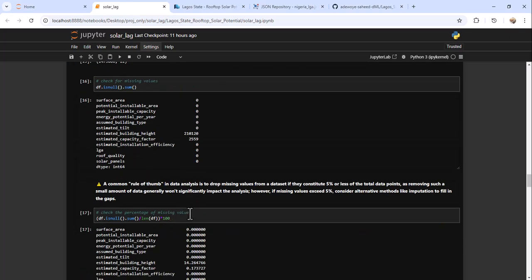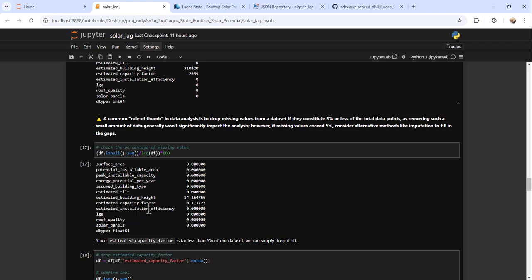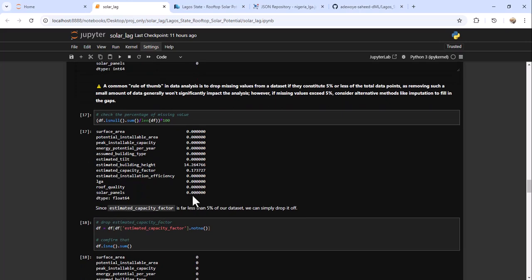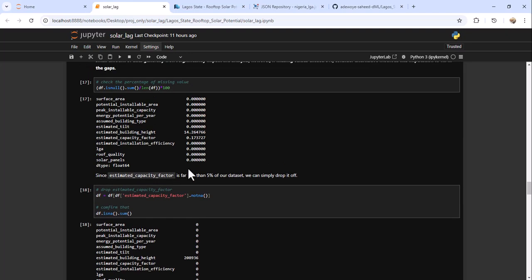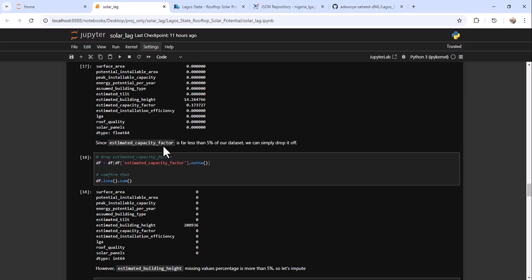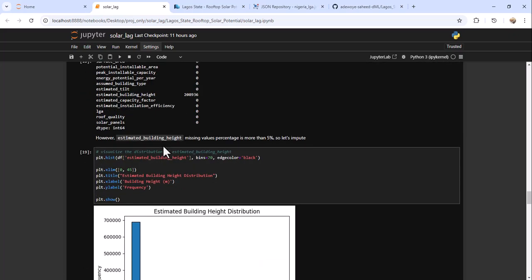Normalizing this, I found out that for the estimated capacity factor, the missing value is not up to 1% of our data set, while for the estimated building height, about 14% of the data were missing. So for the estimated capacity factor that is not up to 1%, I dropped it, while for the 14%, as in the estimated building height, I had to do some imputation.